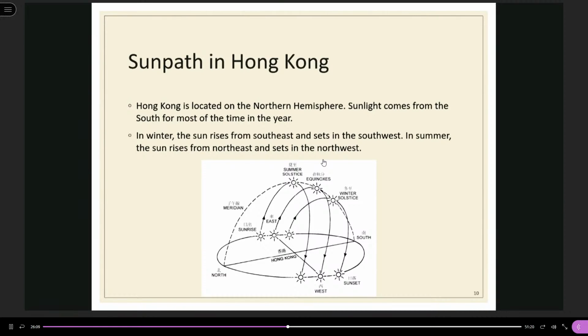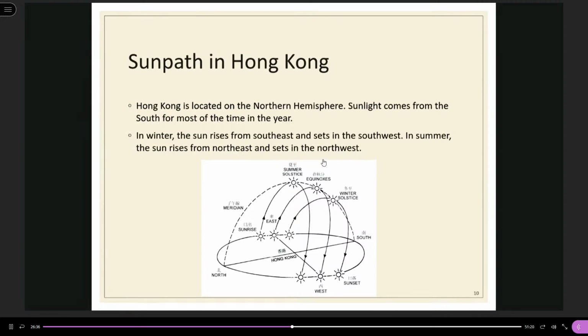So it means if you want more sunlight in the winter, then your building's largest facade, the windows, should be facing south. And if you want to minimize the summer sunlight, you may need to have some solar shading, some overhangs for the windows, especially for the north direction.